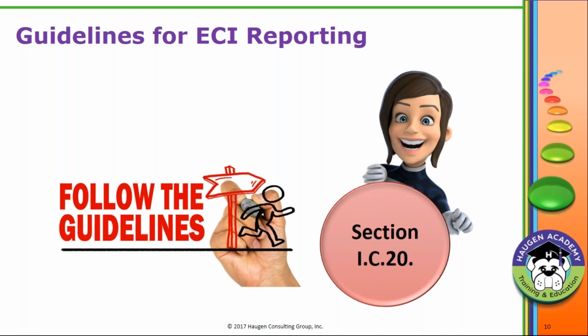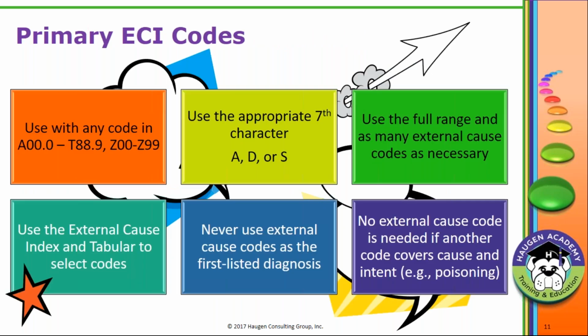If you're an ER coder, if you work for a trauma facility, if you do any coding that involves a lot of ECI reporting, you need to be very familiar with these coding guidelines. And at the very least, you need to know what's in there so you can refer back to them for more details should you come across something where you're not quite sure about reporting or sequencing.